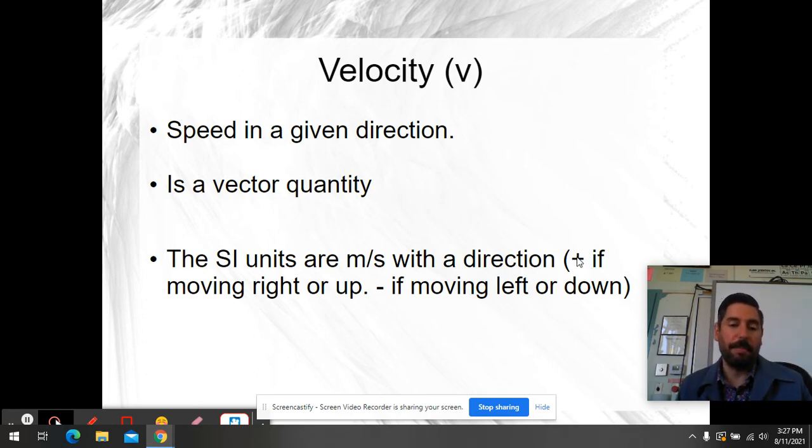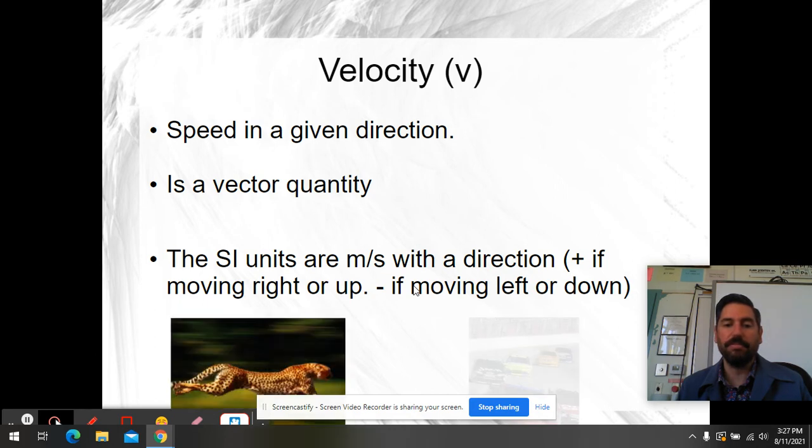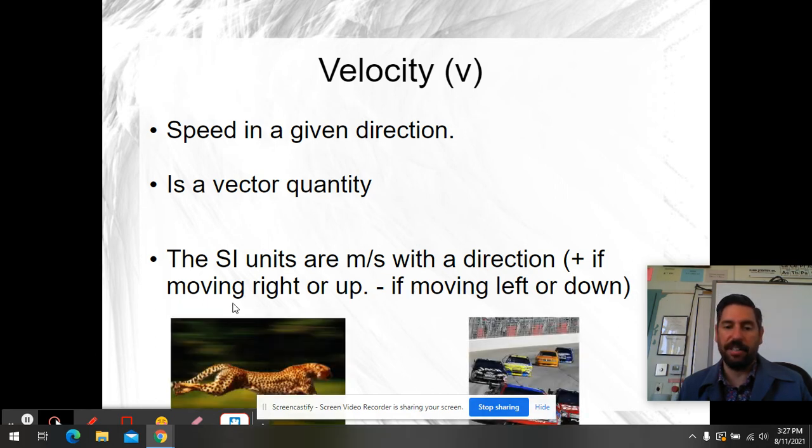Right or up is positive, and down or left would be negative. And once we start doing some math problems with that and you see how they're positive and negative, I think it'll make much more sense. And so speed and velocity, the cheetahs have a high speed. They also have a high velocity.